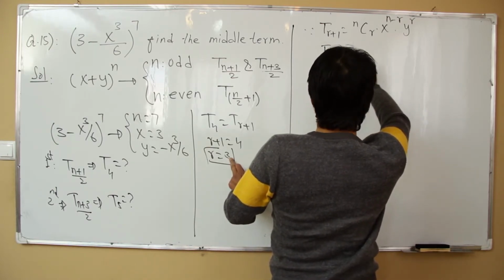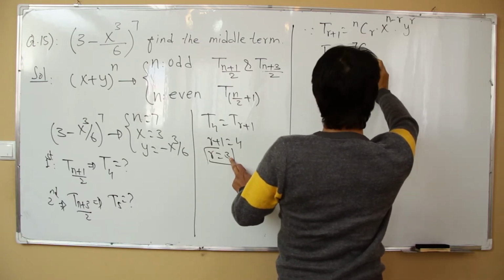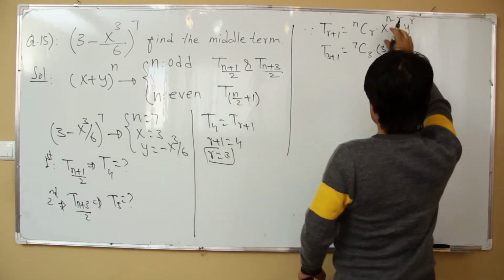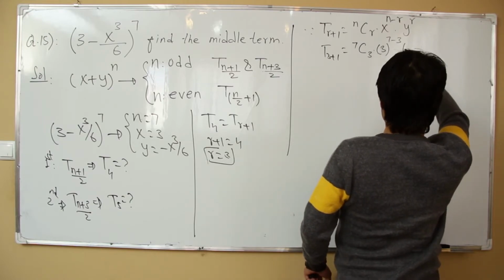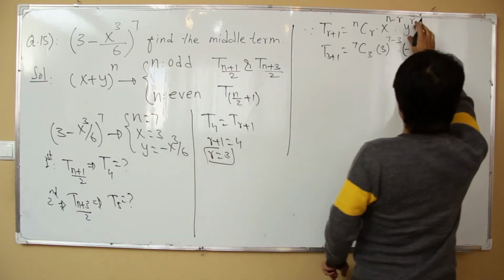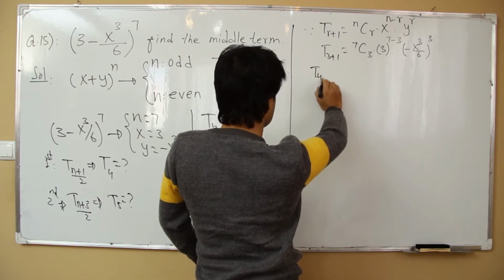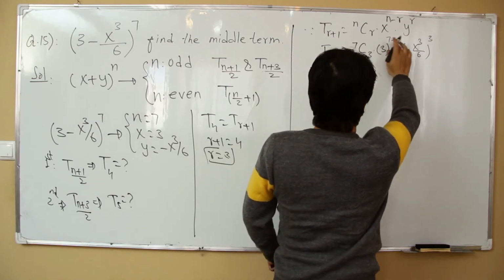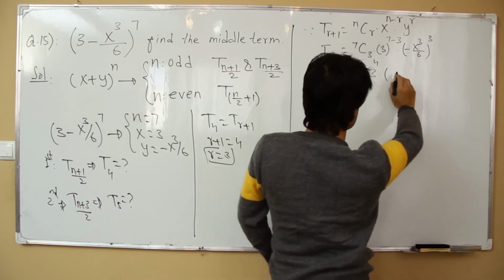T(3+1) equals, n is 7, C, r is 3. x is 3, and n minus r is 7 minus 3. y is minus x cubed by 6, raised to the power r, which is 3. Now you can simplify. 3 plus 1 is 4, 7C3, and 3 to the power 7 minus 3, which is 4. Am I right? Yes. And minus to the power 3 is minus.